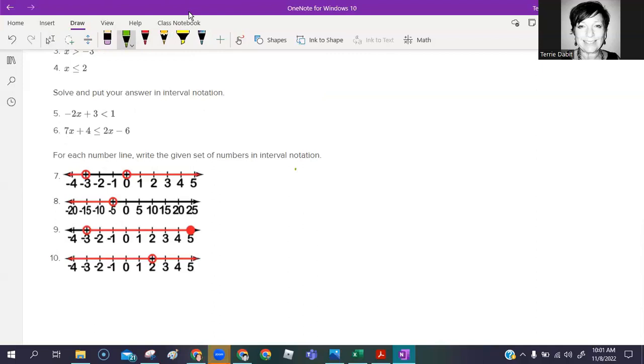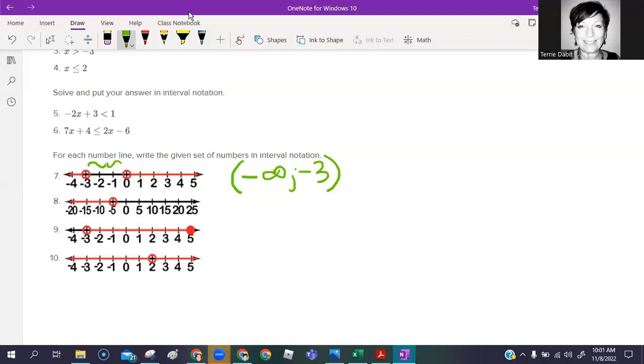All right, in number 7, it starts at negative infinity and then it stops at negative 3. At negative 3, I have an open circle, so I'm going to use a parentheses. And on infinities, I always use parentheses. And you'll see that the graph has a gap right here.